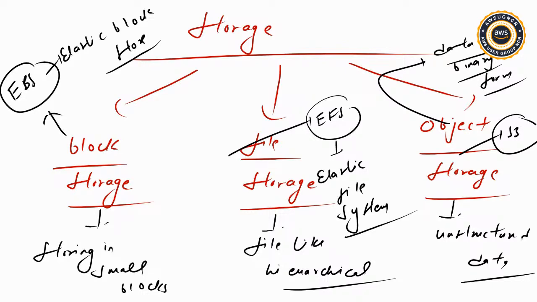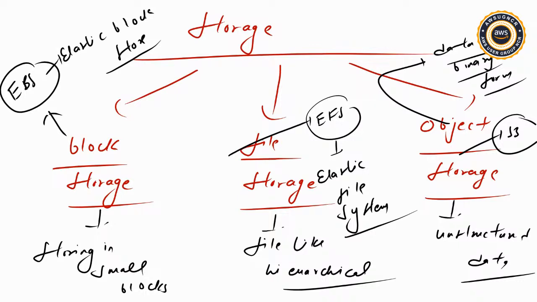Okay, let me give you a very good example. Let's say you have a file of 1 GB. Now when you have to fetch that file over a network, you want to ensure a proper bandwidth. If you don't have the bandwidth, instead of retrieving that 1 GB file in a single go, what you can do, you can create small chunks. Okay, so those small chunks are called blocks.